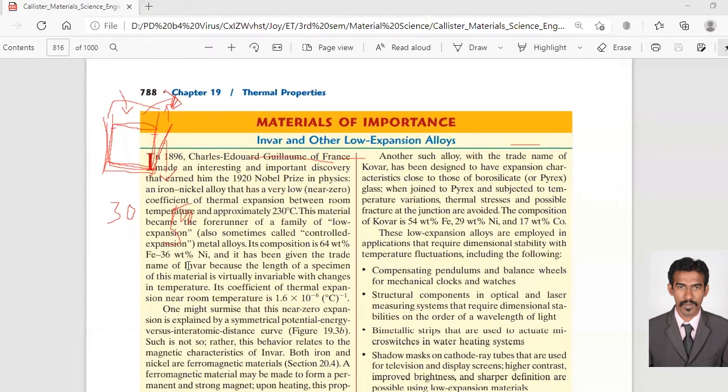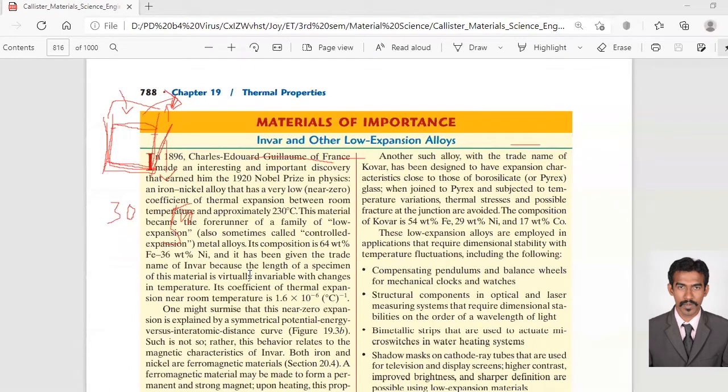And it has been given the trade name of Invar because the length of a specimen of this material is virtually invariable with changes in temperature. So in this temperature range, 30 to 230, the change in length is negligible. In other words, we can say that it is invariable. There is no variation with temperature.